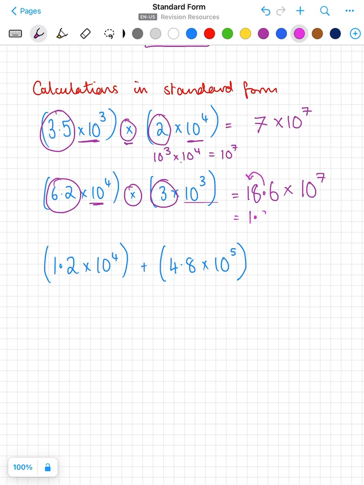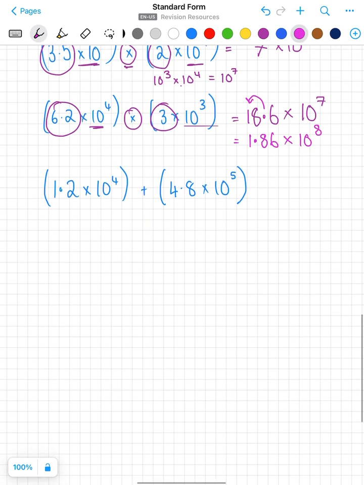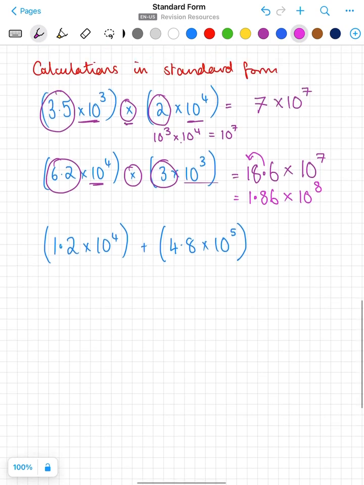So we need to move that decimal place, which means we need to increase our indice by 1 to get it to be the same value as it was previously. These rules would work exactly the same way if it were a divide, but we would subtract our indices instead of add them.